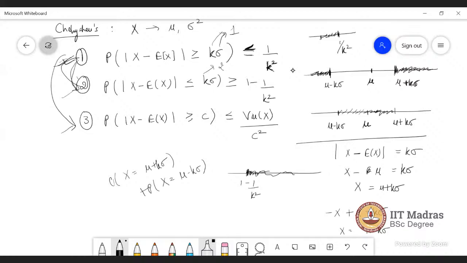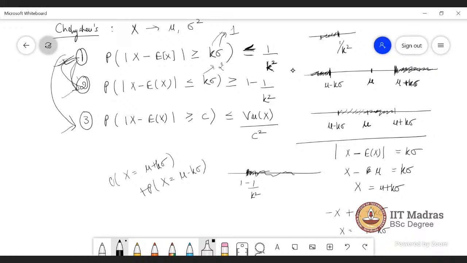If we read Chebyshev's inequality, only if k is equal to root 2, then the probability of |X minus E[X]| will be equal in both the cases, with this sigma. If it is not root 2, then it will always be unequal.